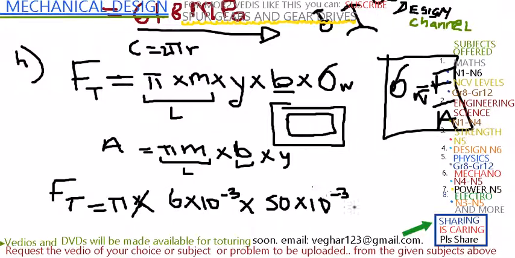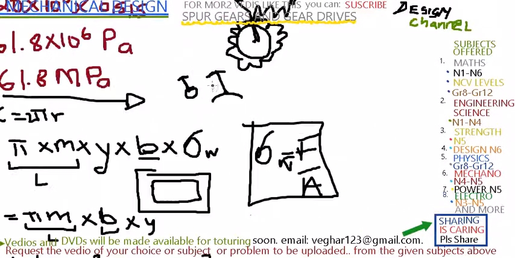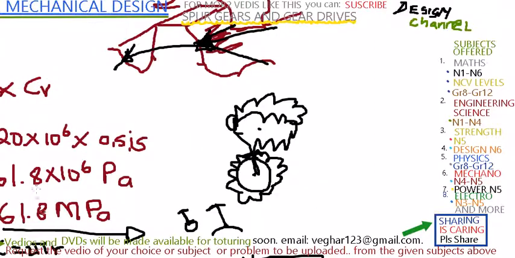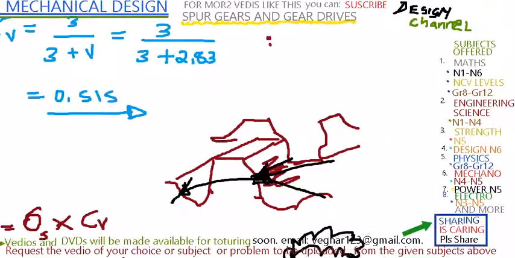So you have this here, and then you have the factor, which is 0.515. And then, is it a working stress or a stress? According to that, it's a working stress. You see, it's 61.8 megapascals, and then the factor is 0.4.